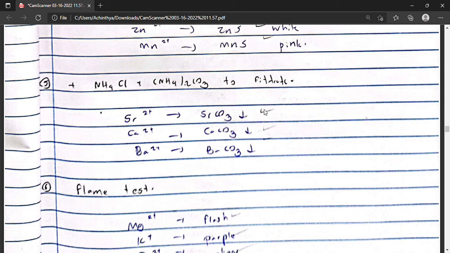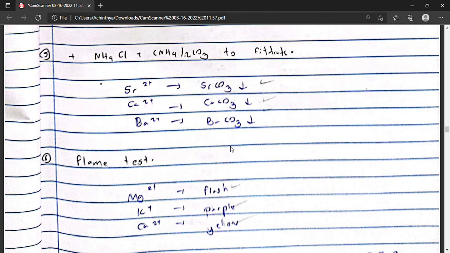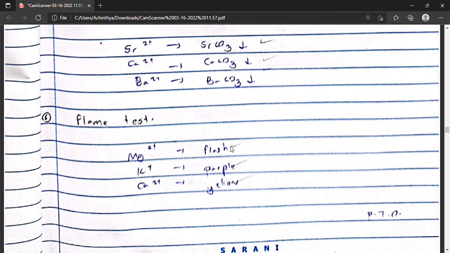All of these are white in color, and if we obtain a white salt, it will confirm the presence of strontium ions, calcium ions, or barium ions. We need to do secondary titrations to know which one exactly.